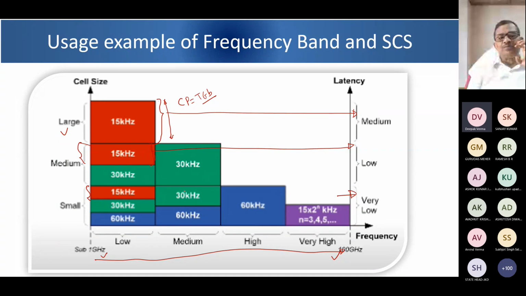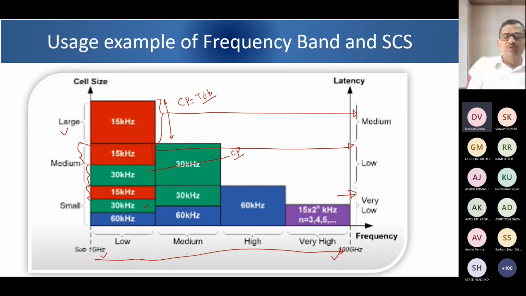Now suppose I use 30 kilohertz carrier spacing here and I have medium coverage. There is no problem, but I cannot have larger coverage because the CP size defined for 30 kilohertz is not for larger coverage. There will be inter-symbol interference if I use 30 kilohertz for larger coverage. I can use it for a small cell.